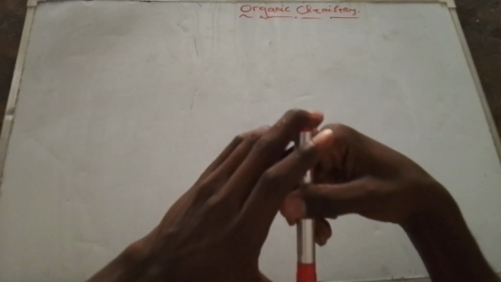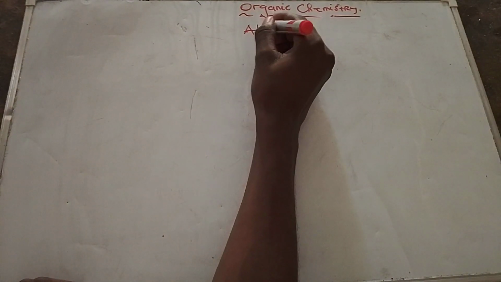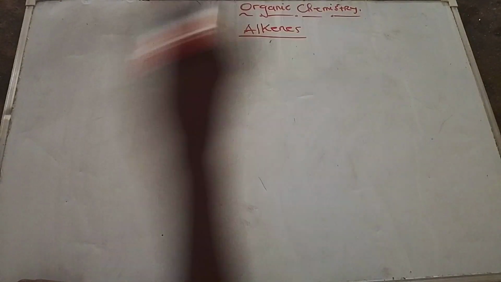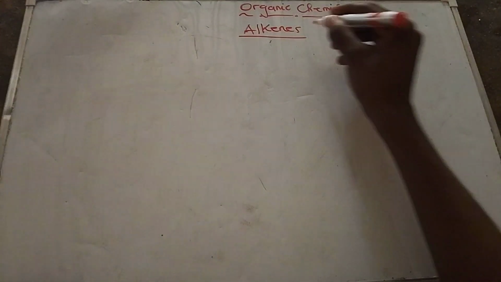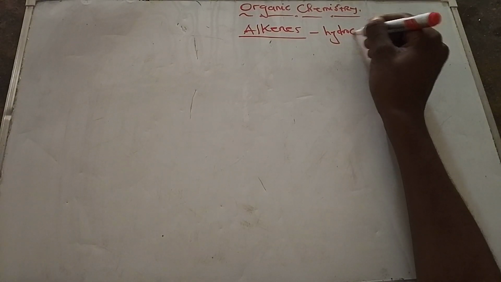So in the last discussion we looked at hydrocarbons of alkanes. Today we'll look at hydrocarbons of alkenes. Alkenes are also hydrocarbons.